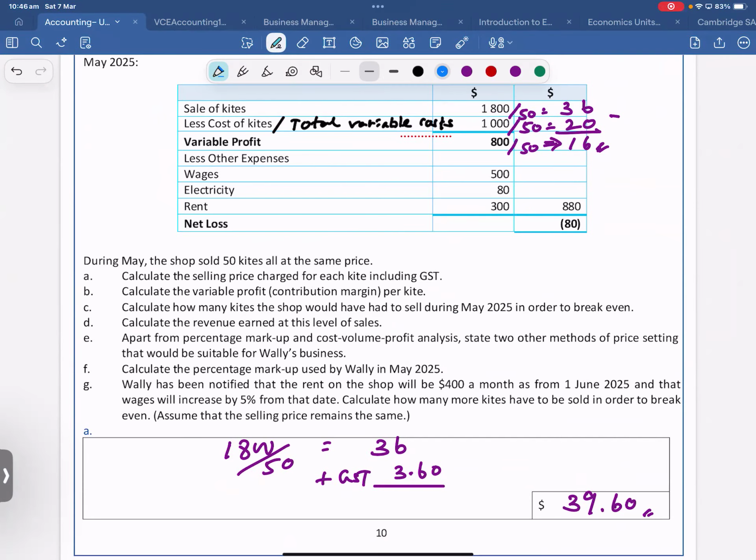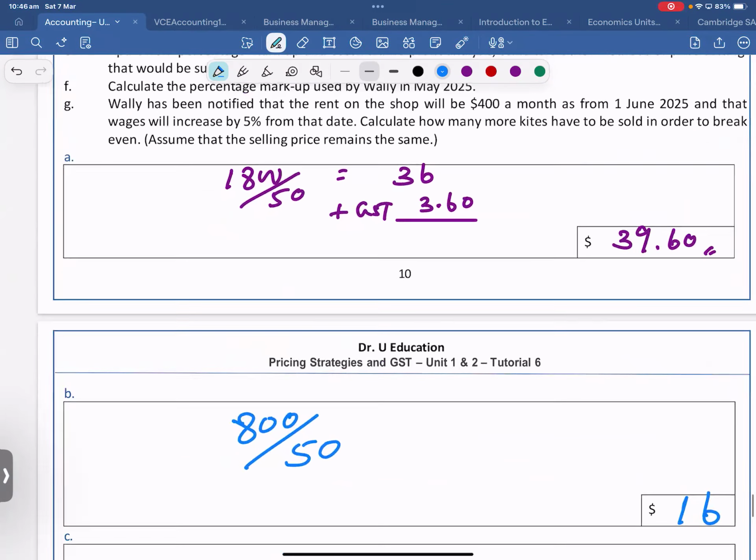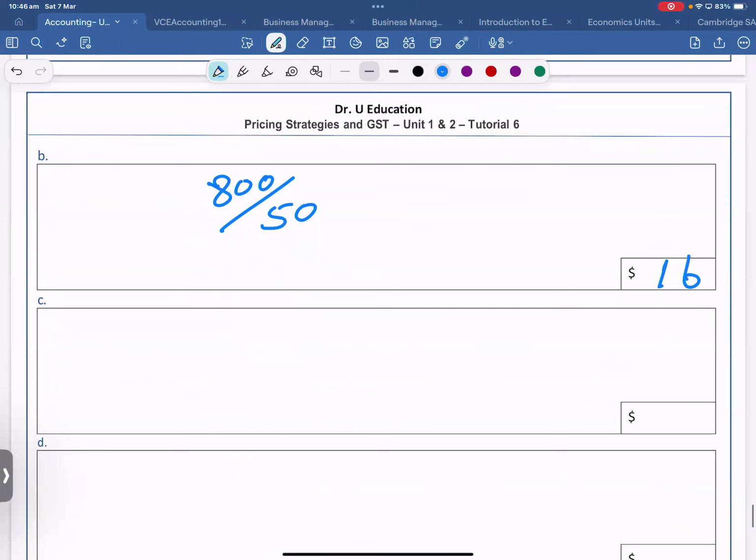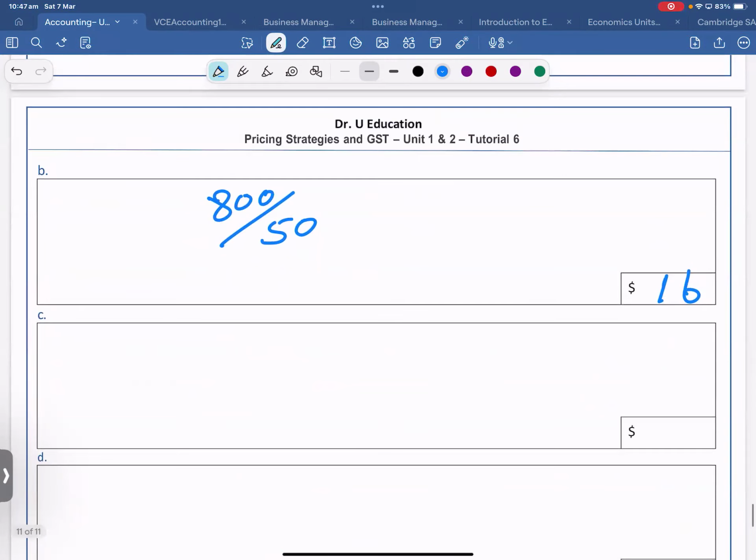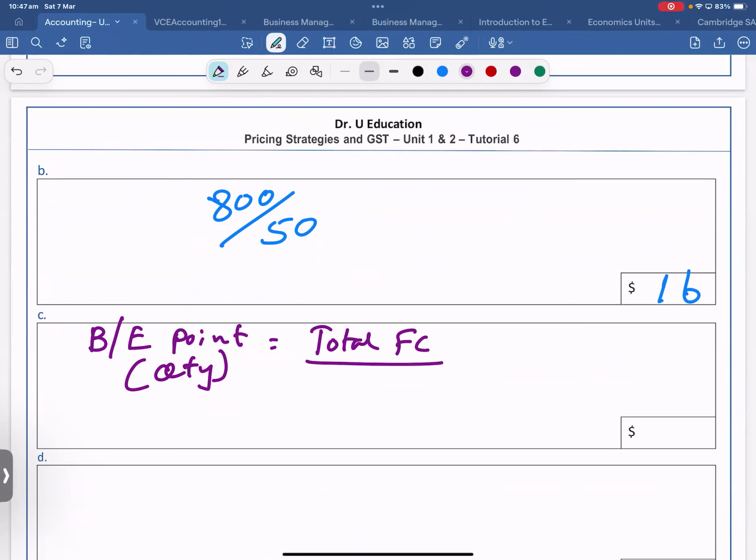So 880 is the total fixed cost. What's our formula? Let's write it. Break even point, which we calculate in quantity, is equal to total fixed cost over selling price per unit minus variable cost per unit, which we call the contribution margin.